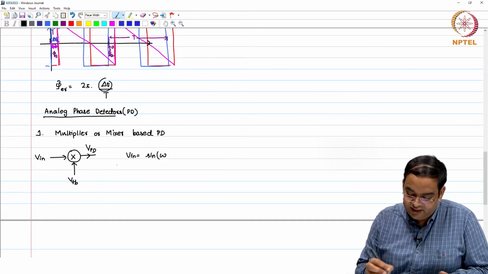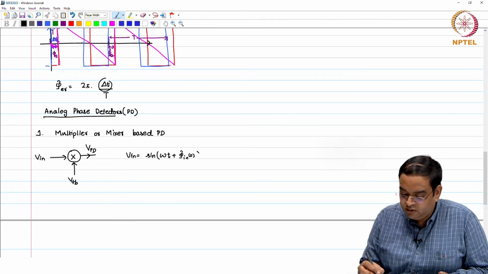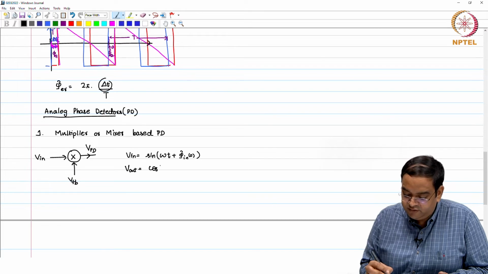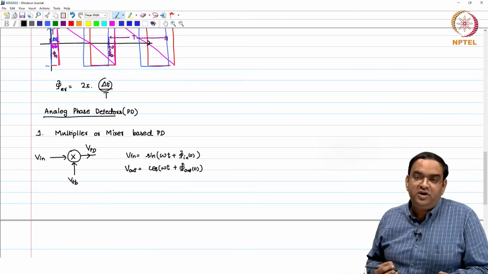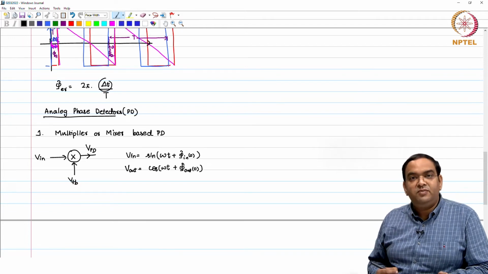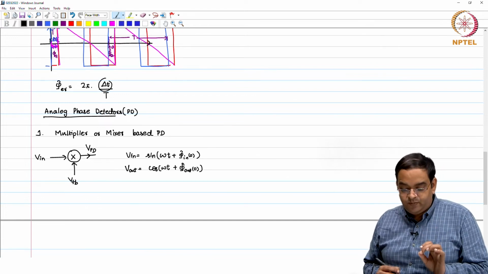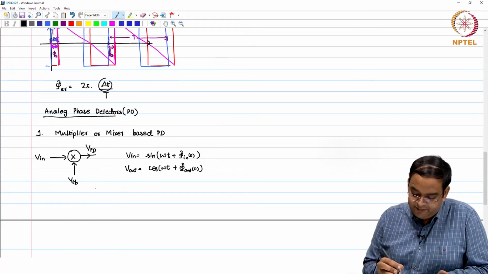Given V in, it is like the 1000th time we are going through this right now. V in is sine of omega t plus phi in 0 and V out is cosine of omega t plus phi out 0. I have included the initial phase offsets for the input and the output signals. I have deliberately made the frequency of the two signals the same.